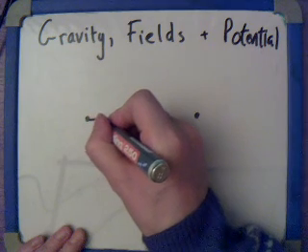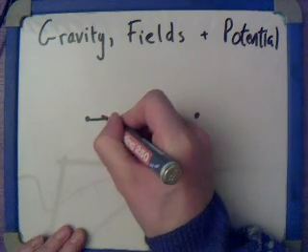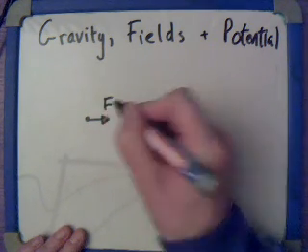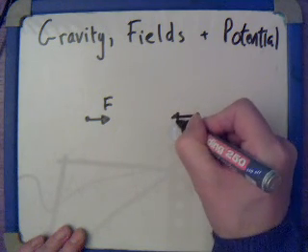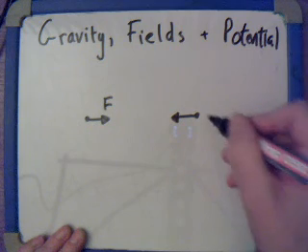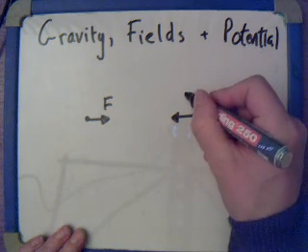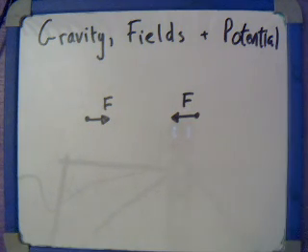So, that will feel a force F pointing in that direction, and this point mass will feel a force acting in that direction, also of magnitude F, but in the opposite direction.